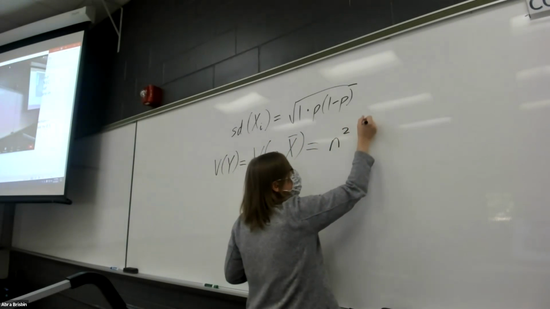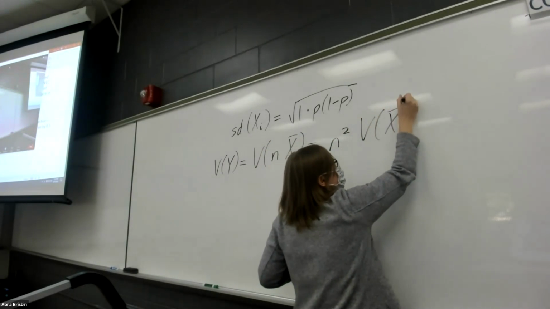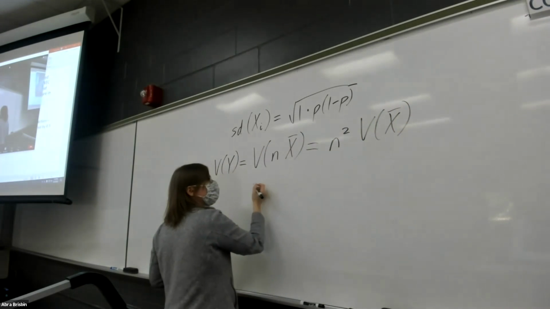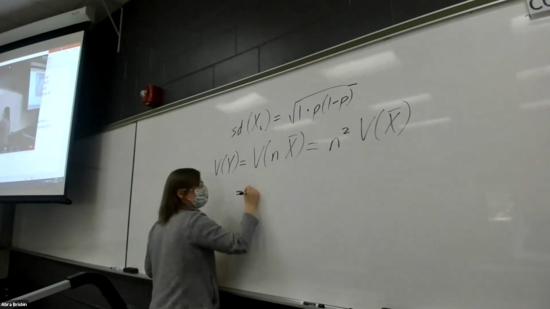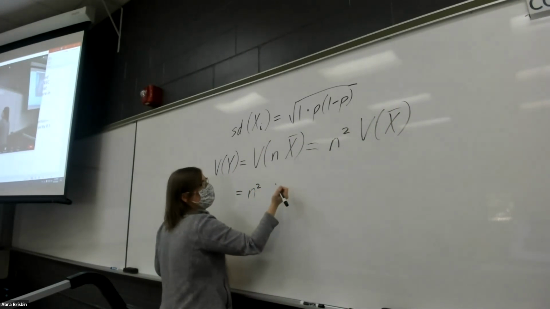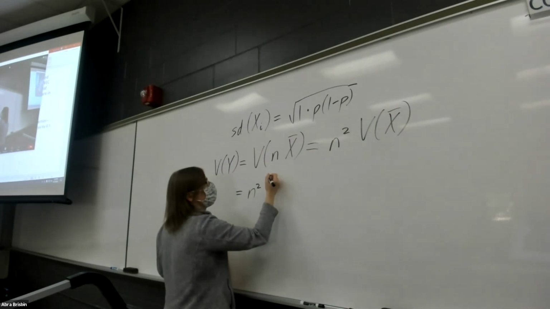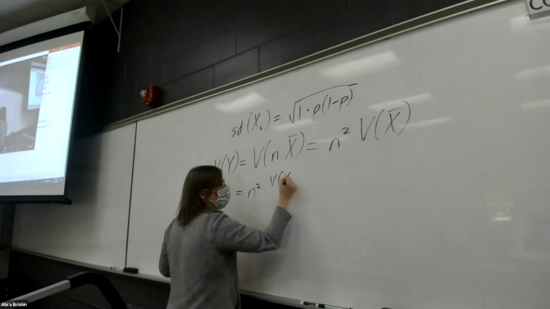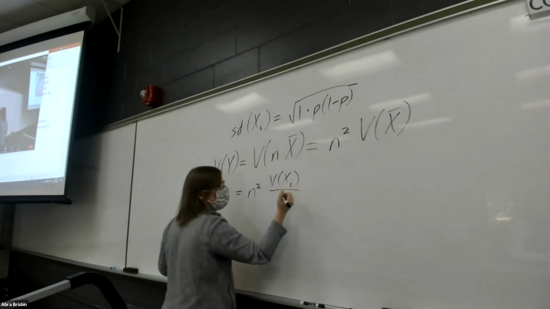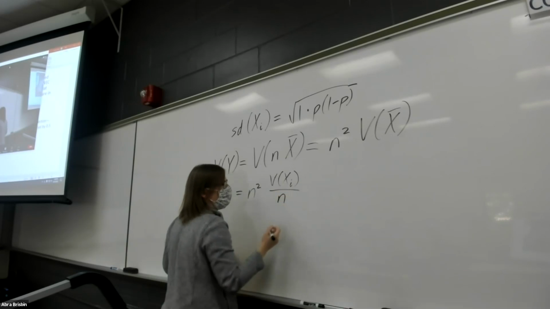So n squared times the variance of x bar. So n squared times the variance of x bar is the variance of one of the x sub i's divided by n.